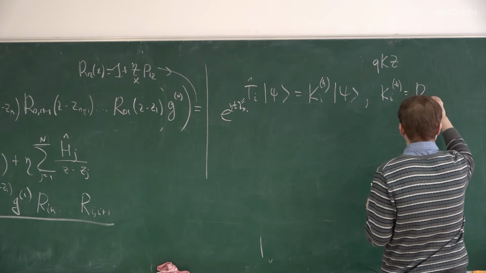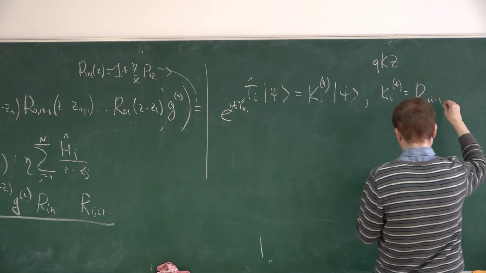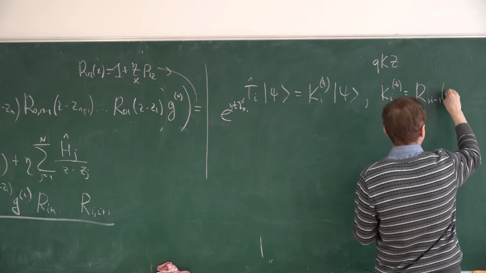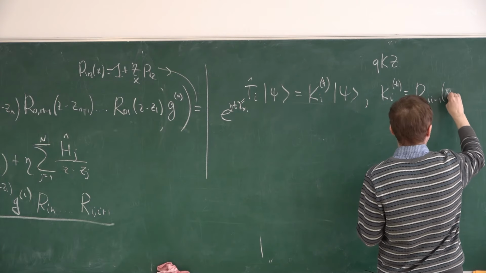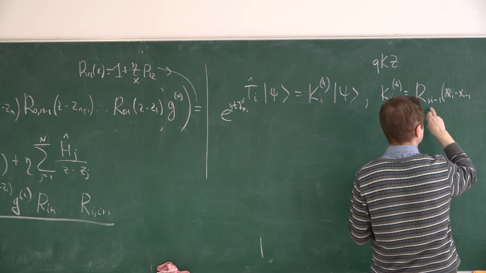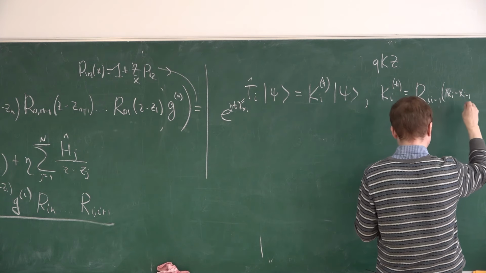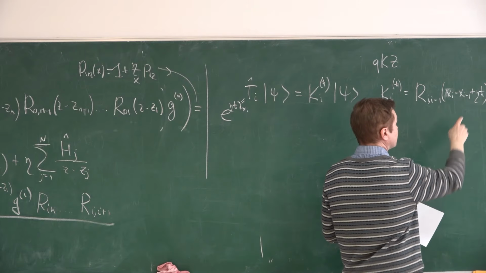So we have here R_{i,i-1}, but depending now not only on the difference of parameters, but also on an additional shift.